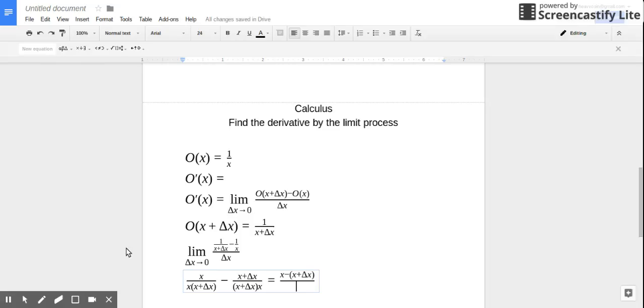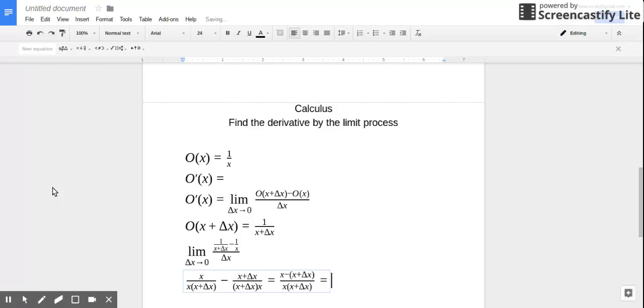And of course, down here in the denominator, we have x, and then x plus delta x. Man, I wish there were shortcut keys for this stuff. Okay, so writing it as one single fraction.